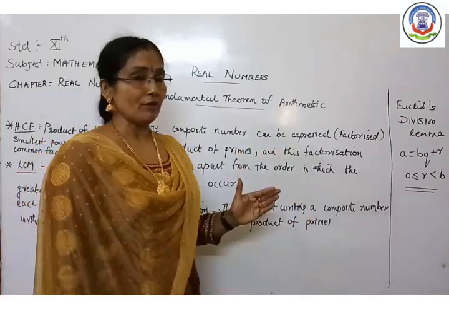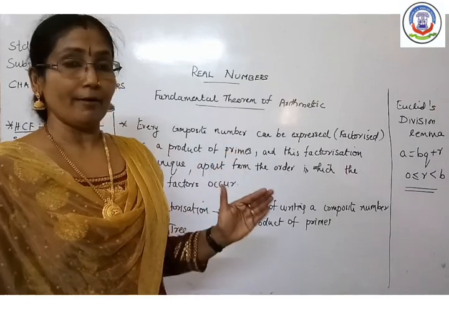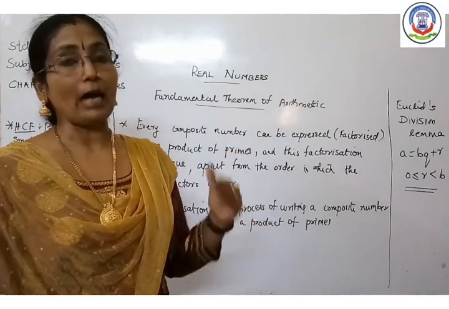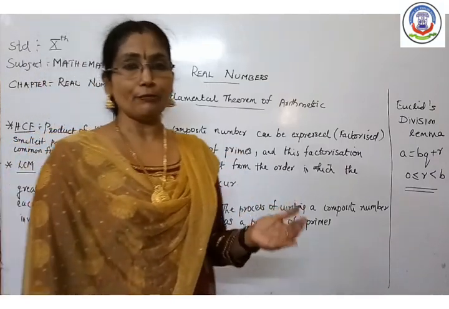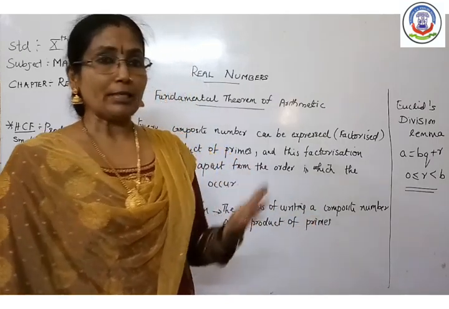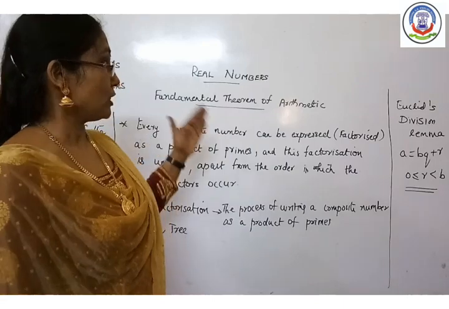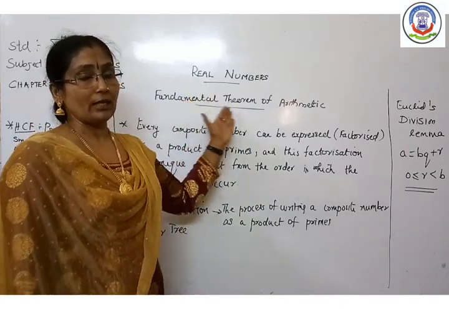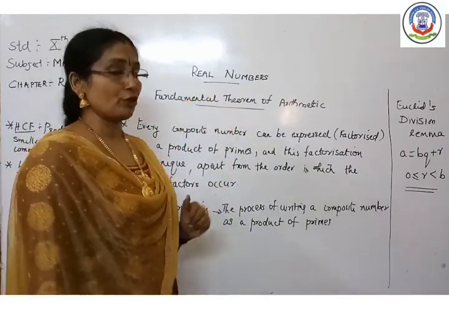Using this Euclid division lemma, you already studied in the previous lecture how to find out the HCF of any two given numbers. Now let us start another topic of this chapter, that is fundamental theorem of arithmetic.